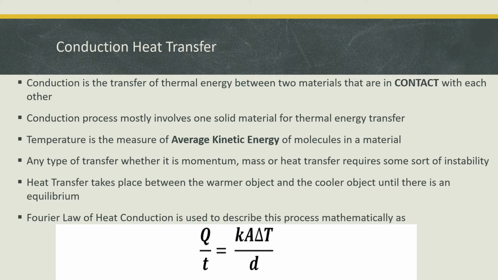A is the area where heat transfer takes place, ΔT is the temperature difference between the hot and cool substance, and d is the thickness of the material.